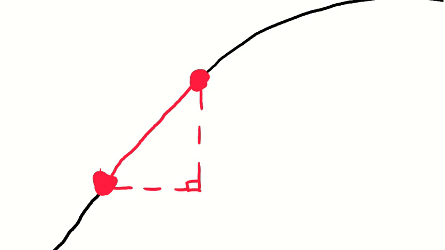This looks like a right triangle. This hypotenuse is what I'm going to add up a bunch of to get the total arc length. I'm going to call this small piece of length delta p, and this is delta x, and this is delta y.